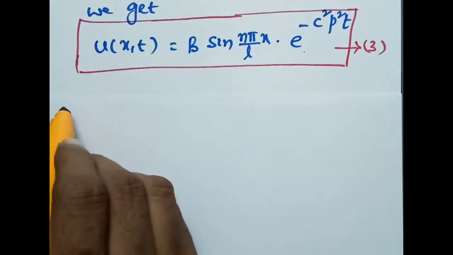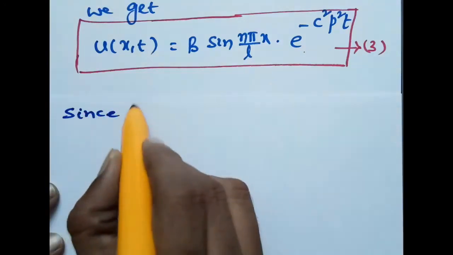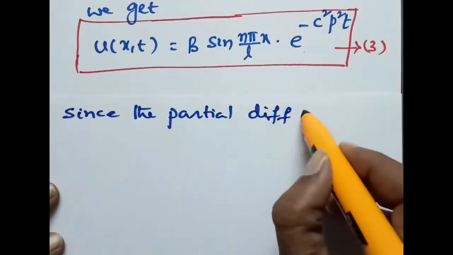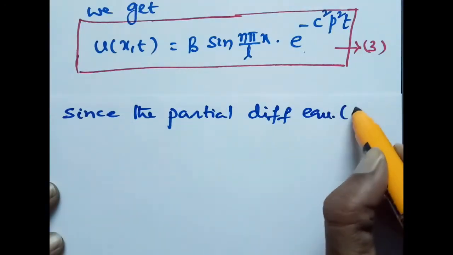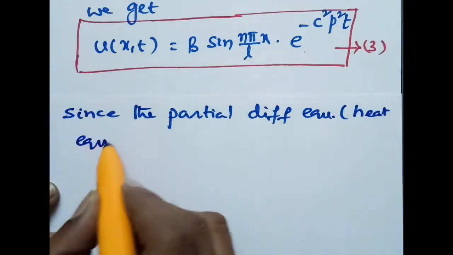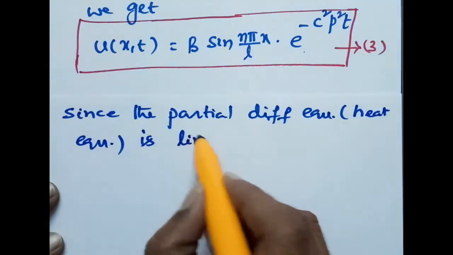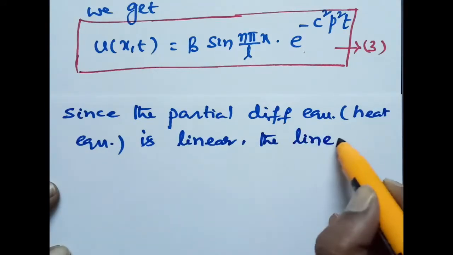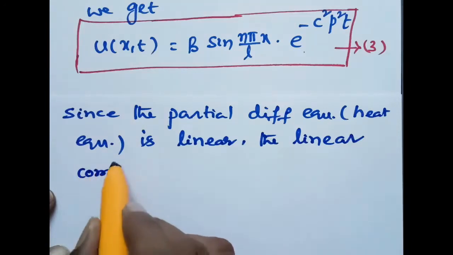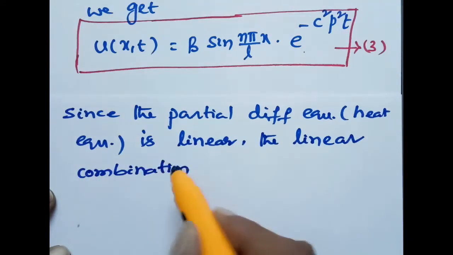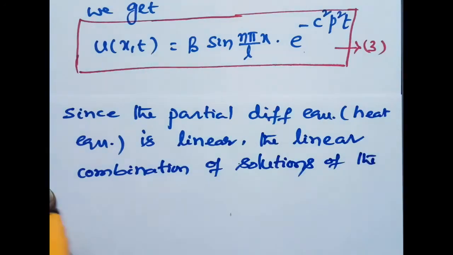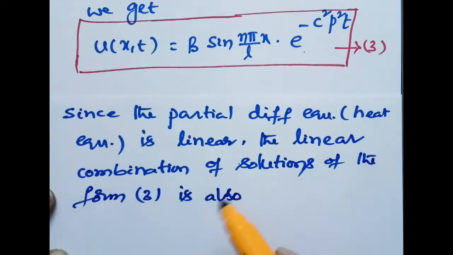Since the partial differential equation, heat equation, is linear, the linear combination of solutions of the form 3 is also a solution.